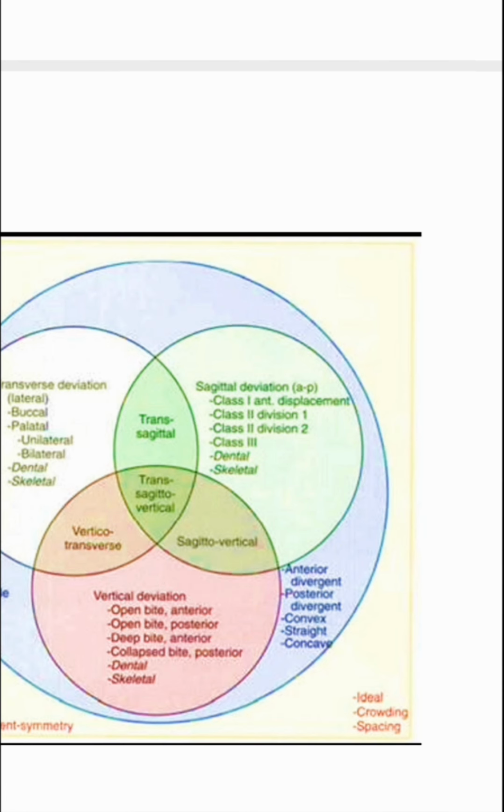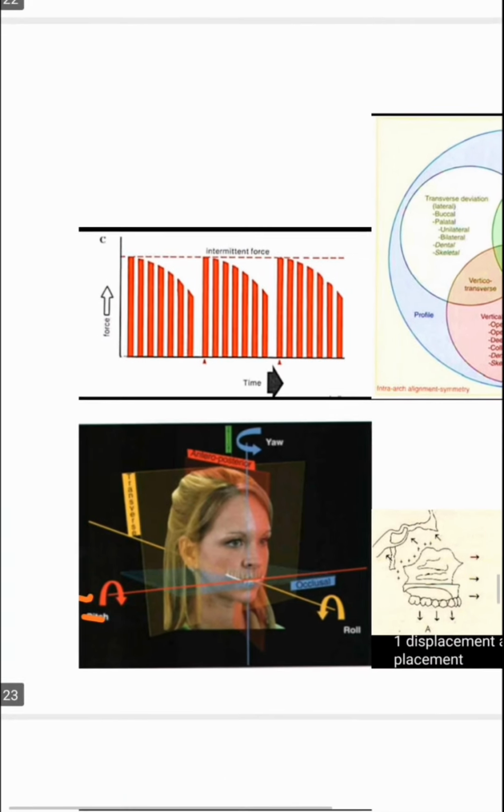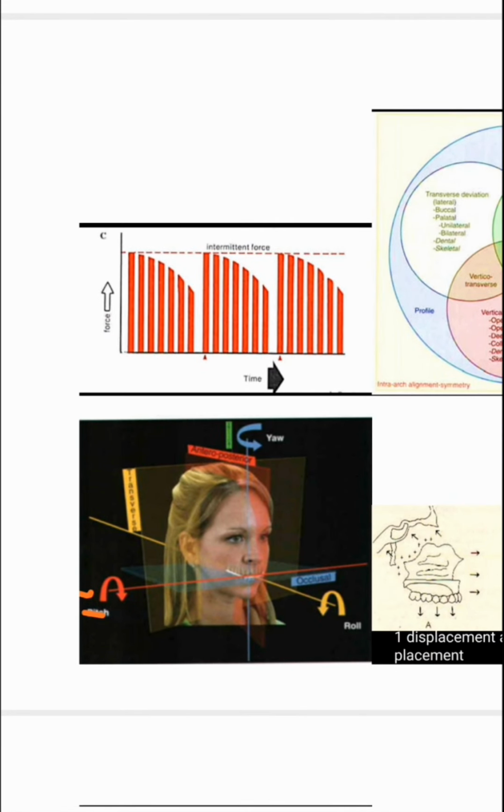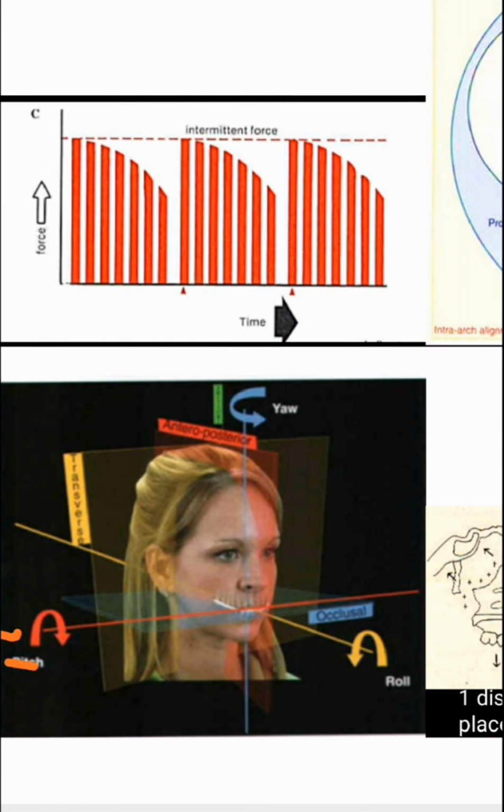Step 5 is deep bite. Malocclusion in the vertical plane is noted. They are described as anterior and posterior open bite, anterior deep bite, or posterior collapsed bite. A mention is made whether the malocclusion is skeletal or dental.